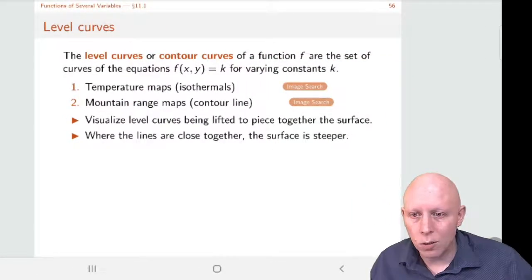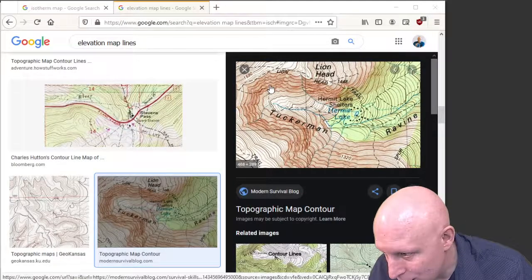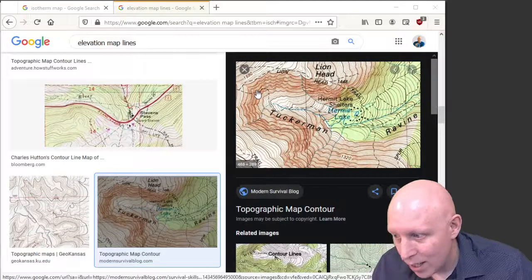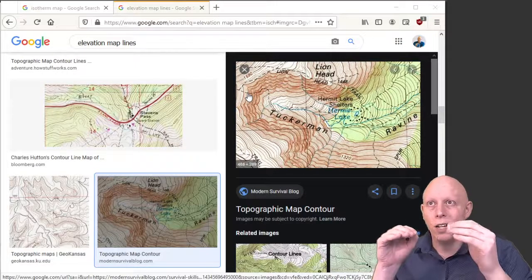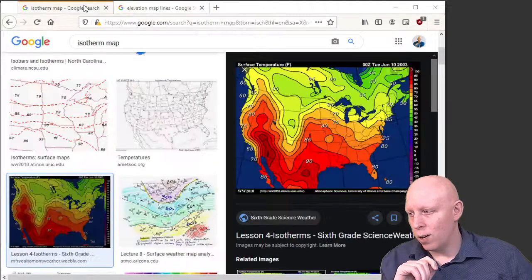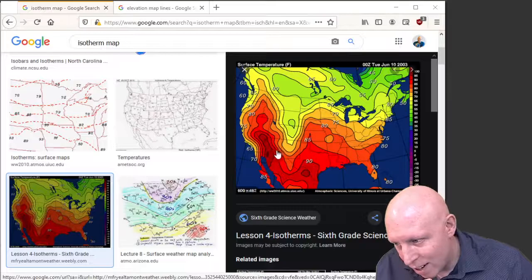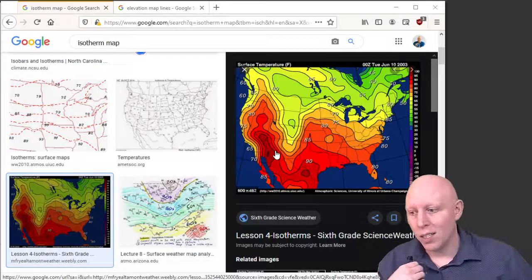An important thing to recognize is that when these lines are close together, the surface is steeper. In this place, these lines are really close together. That means as you walk along this path, your elevation is increasing faster and faster. Or in this area, if you were to drive from this part of Arizona to this part of Arizona, your temperature would increase really fast.